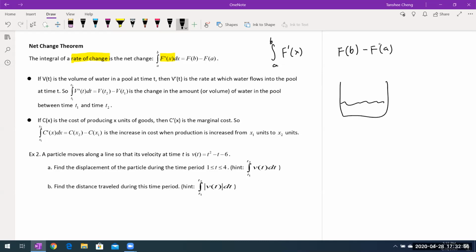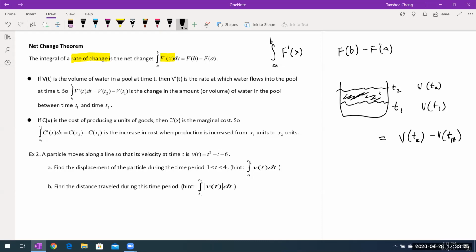At time t sub 1, your water is right here, so that's the volume at that time. And at time t sub 2, that's the volume of the water in the pool at that time. So if you subtract these two, that tells you the net change in the volume.